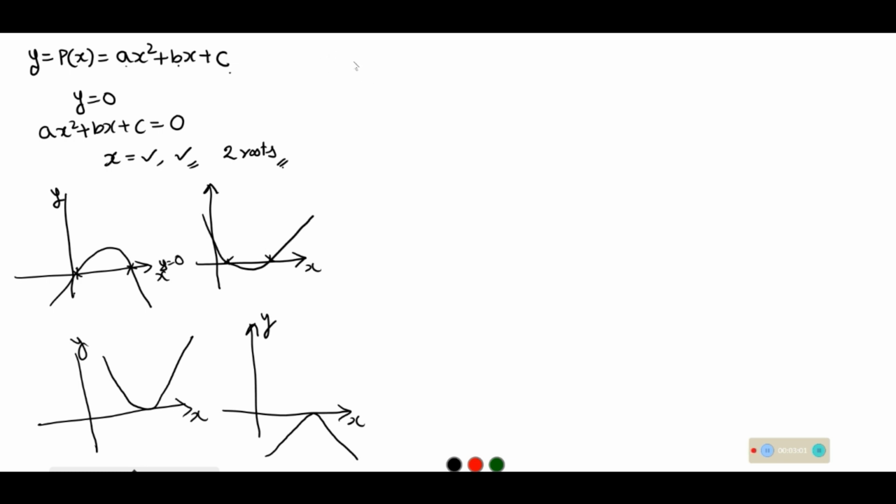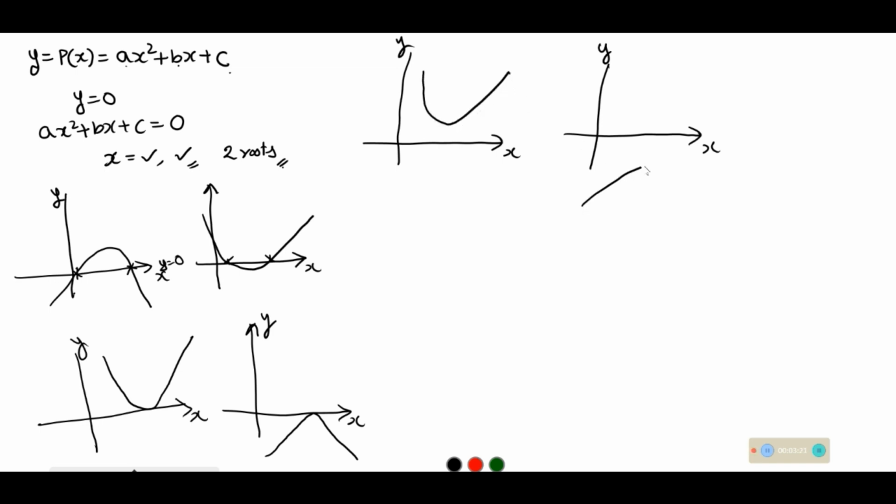Now if you see another case, this is the x-axis and this is the y-axis. Similarly, I am drawing 2 axes. This kind of quadratic equation will not touch the x-axis at all. It will go like this, or it can go like this.